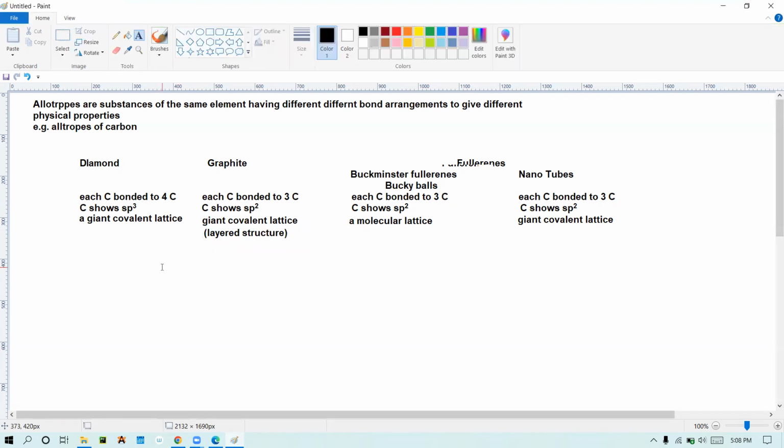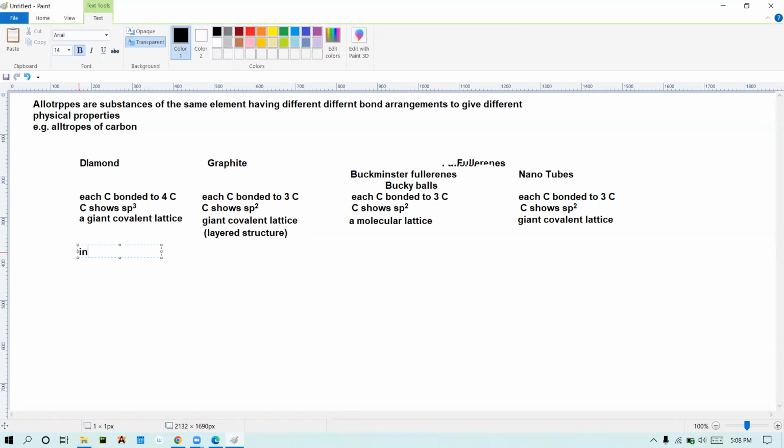Now we'll talk about electrical conductivity. Diamond is an insulator. Graphite is a conductor.